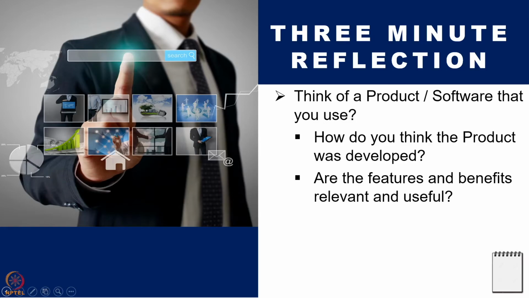How do you think those founders developed those products? And how do you think that they made the features and benefits of their products useful for you so that many people like you are using those products and services? Think about it, write it down in a course journal, and as you think about it, you'll start developing your entrepreneurial mindset. Reflect for 3 minutes.